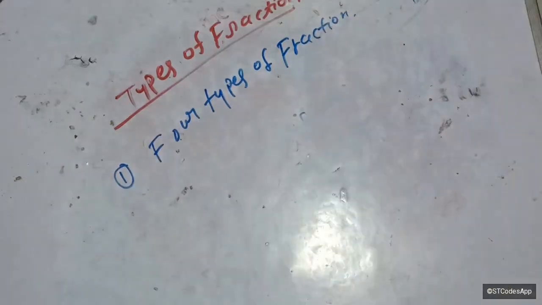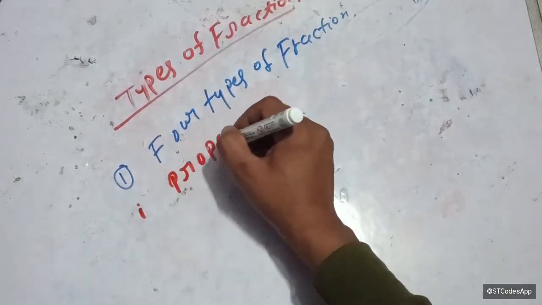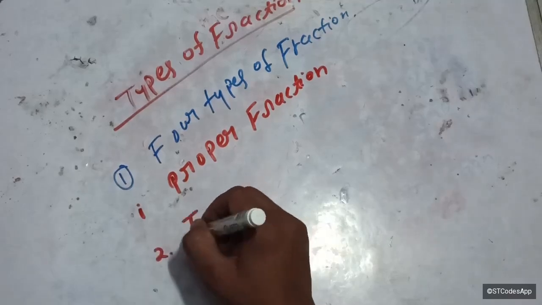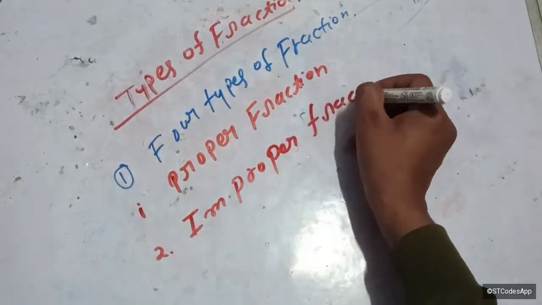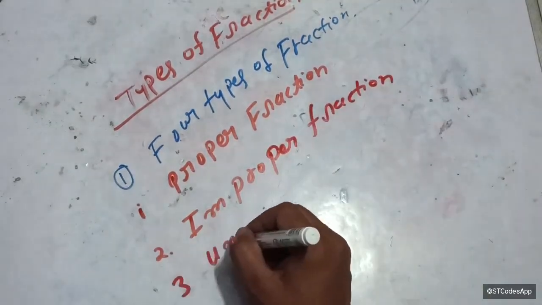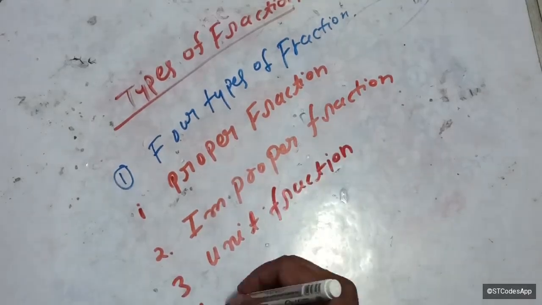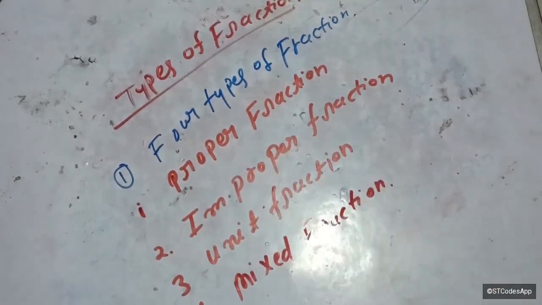First is the proper fraction, second is the improper fraction, third is the unit fraction, and the fourth is the mixed fraction. Now we are going to see how to find whether it is a proper fraction, improper fraction, unit fraction, or mixed fraction.